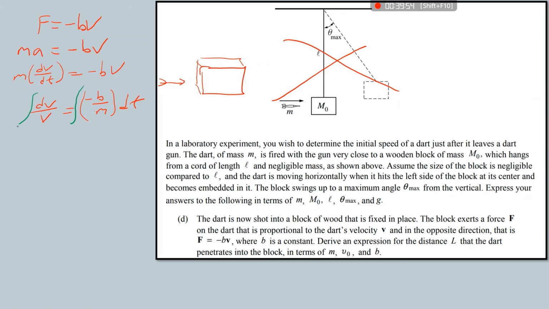If we didn't start with zero, what should our initial be? So when we first fire the dart, I would have velocity initial.